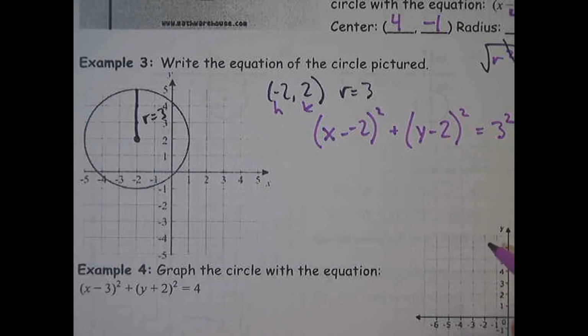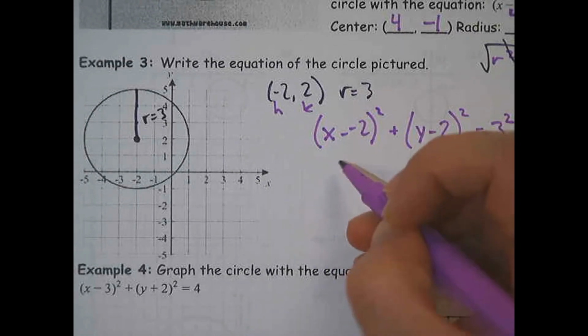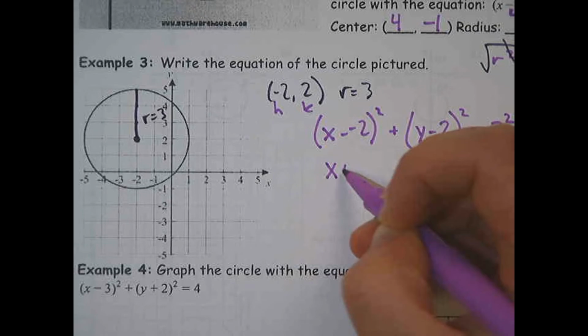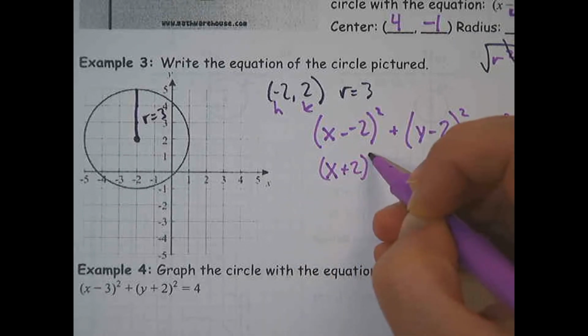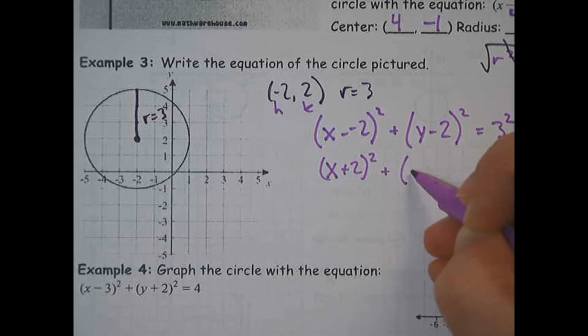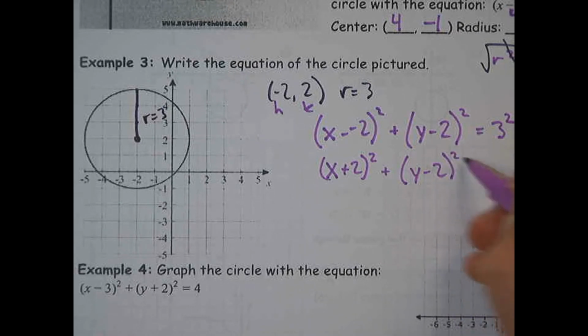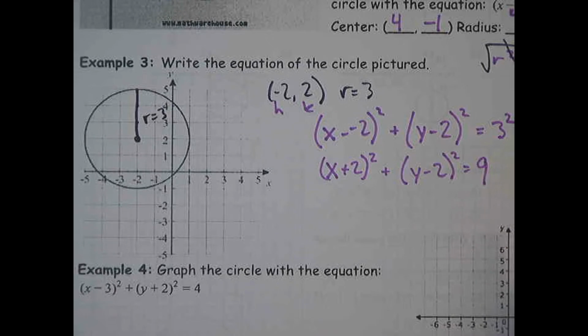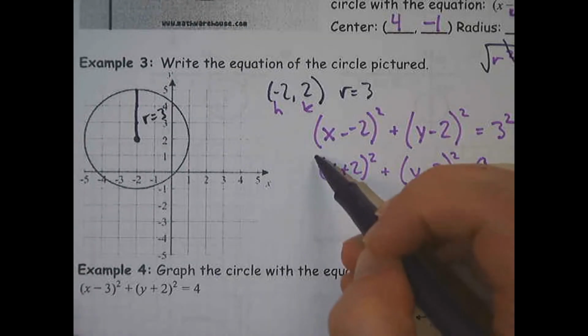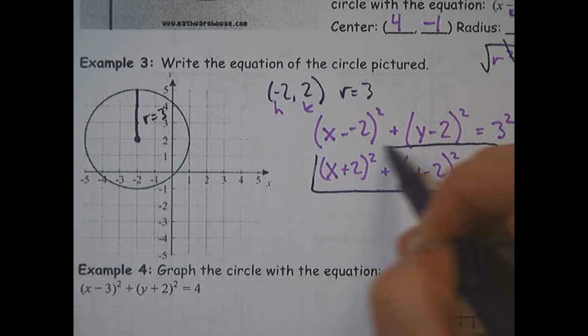We have to do a little bit of simplifying here. X minus -2 is really going to be x plus 2. Y minus 2 can stay the same. 3 squared, 3 times 3, is 9. So there is our equation of our circle in its simplest form, standard form.